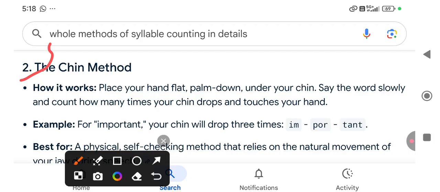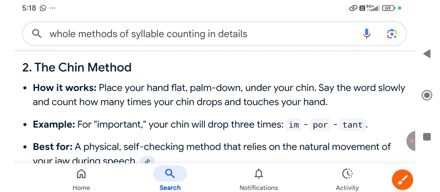Place your hand flat, palm down, so your palm must be down, and place your hand under your chin. Say the word slowly and count how many times your chin drops and touches your hand.